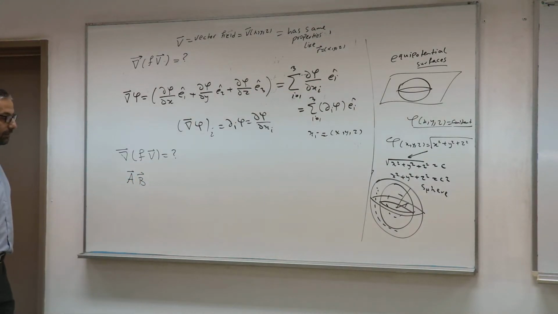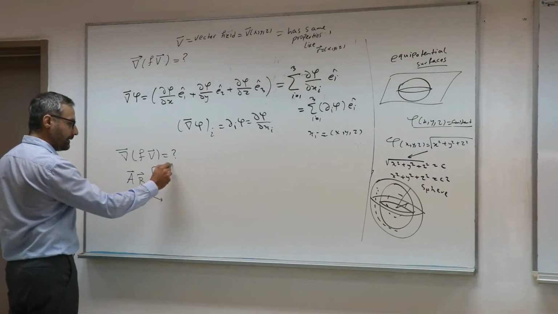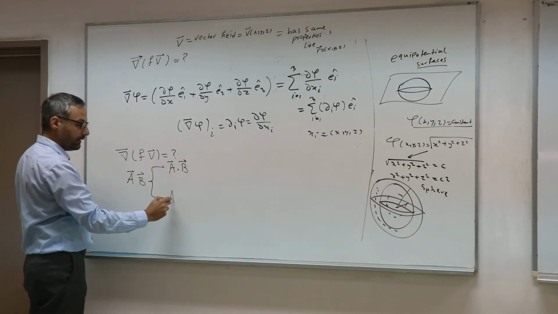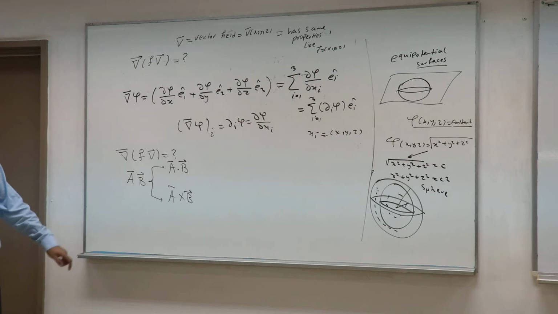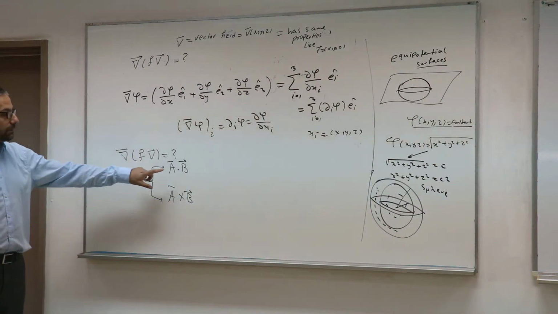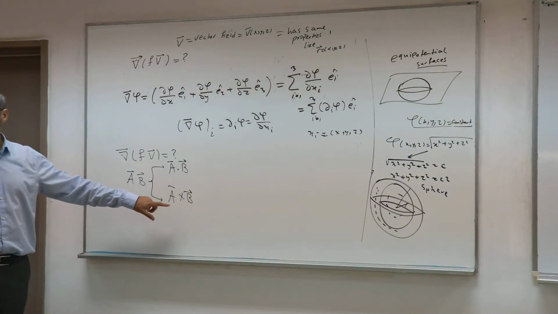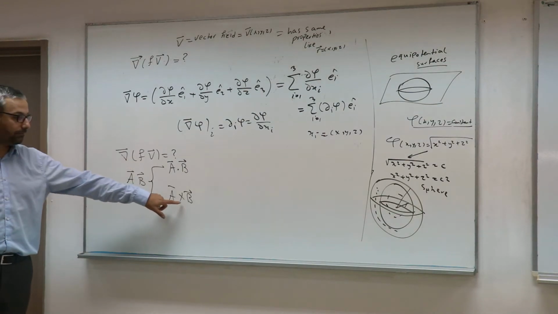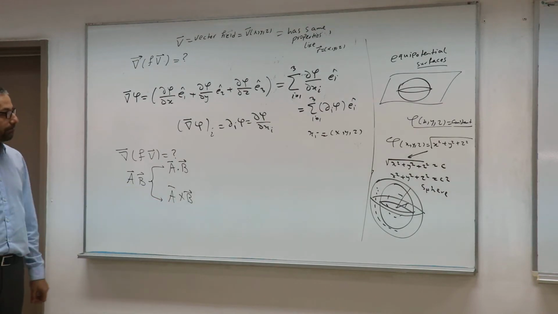The elementary operations are the normal dot product and the cross product. The combination of the gradient with a vector should be defined only in these two ways. You don't have any other options. Either a dot, or a cross product. There is no other possibility.